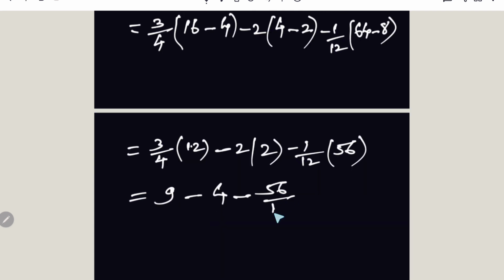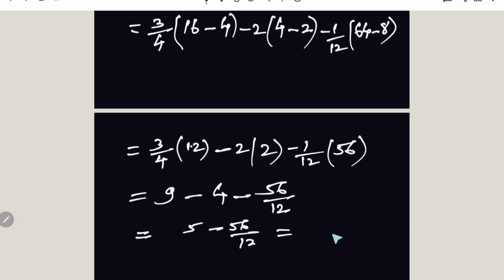12 by 4 we get 3, 3 threes are 9, minus 2 into 2 is 4, and minus 56 by 12. We keep that as it is. Okay. 9 minus 4, we get 5. Minus 56 by 12.